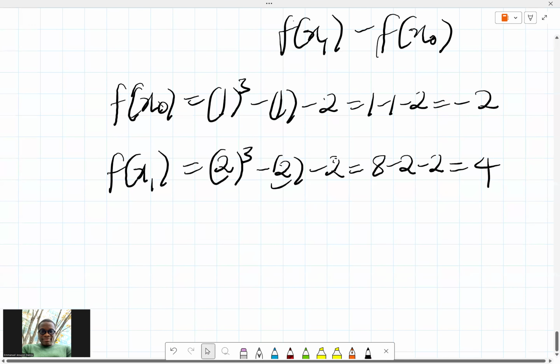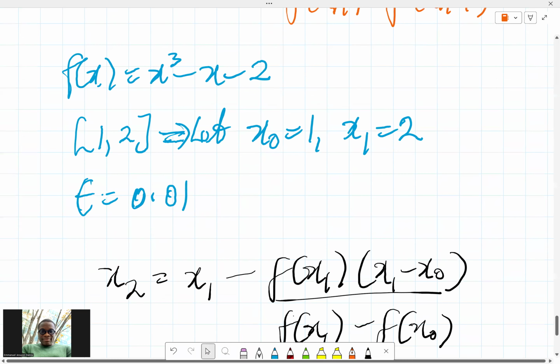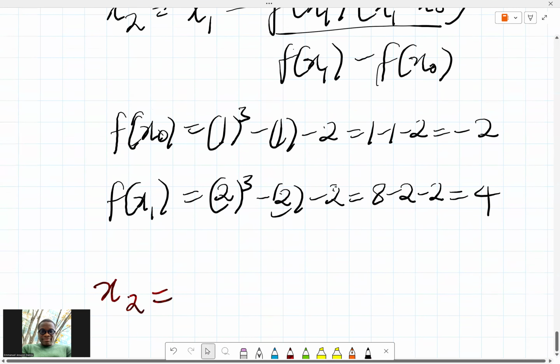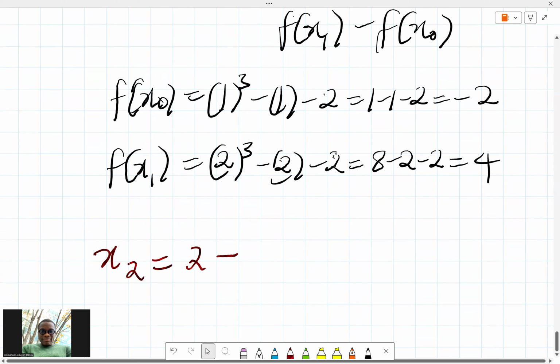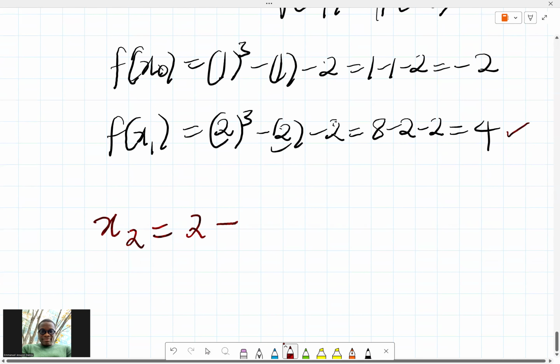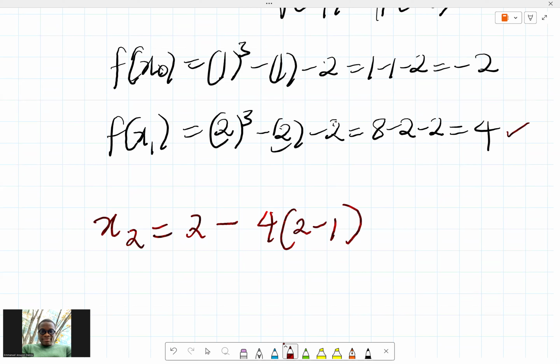So we can then go ahead and say x2 is equal to x1, which is 2, minus f of x1, which is 4, multiplied by x1 minus x0, that is 2 minus 1, divided by f of x1, which is 4, minus f of x0, that's minus 2.